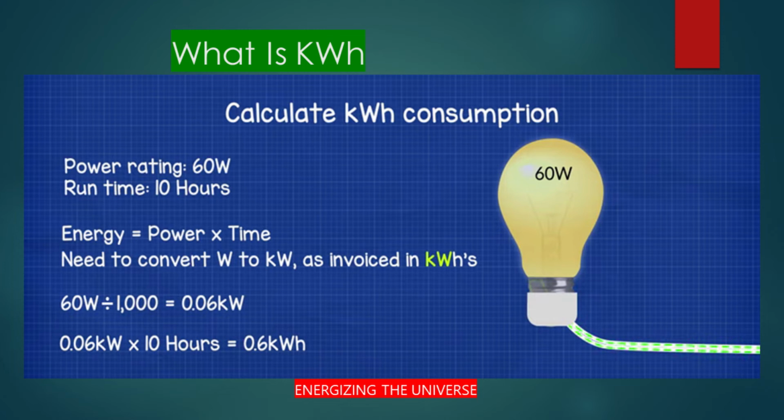As we said earlier, you can convert watts to kilowatts by simply dividing. So 60 watts divided by 1,000 gives us 0.06 kilowatt. And 0.06 kilowatt times 10 is equal to 0.6 kilowatt hour.